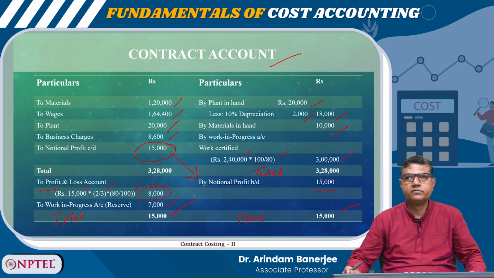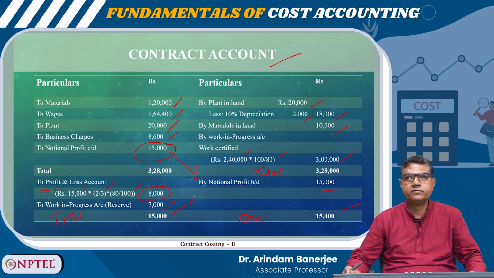Plant issued 80,000, right, it is given here. Direct expenses 8,000, it is given. Establishment charges 4,000. Materials returned to stores, it is 600.